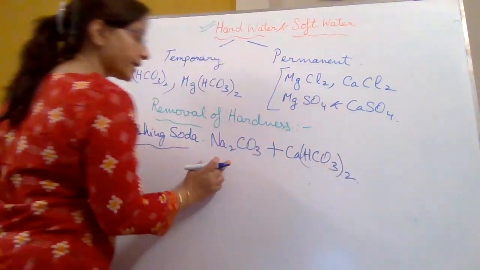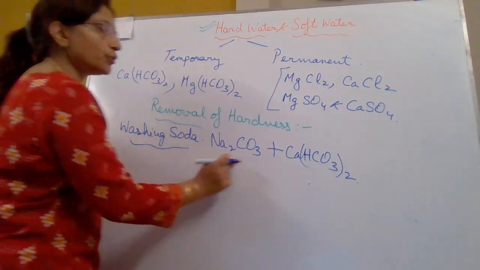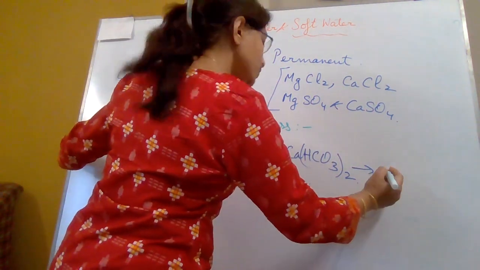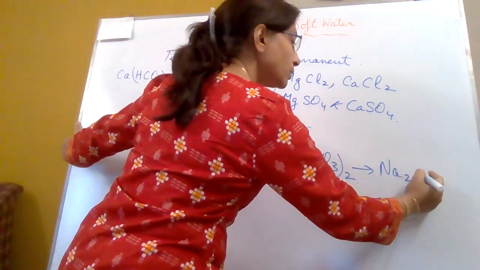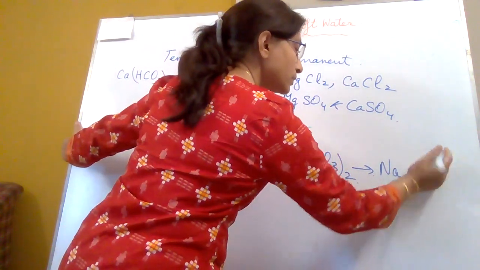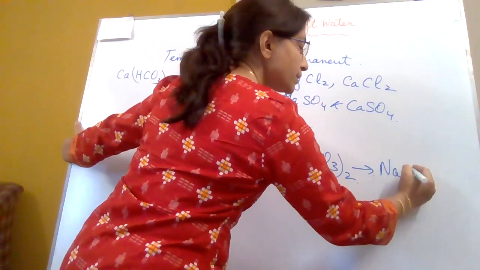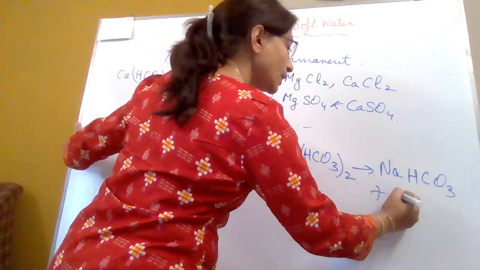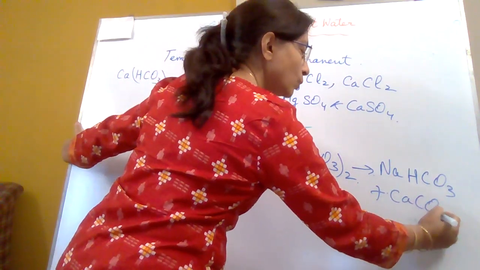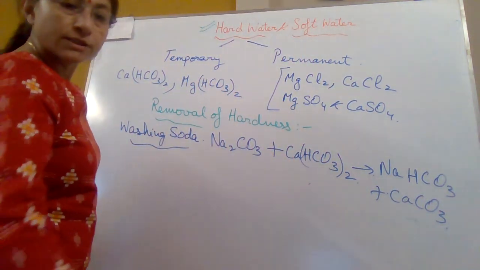Ca(HCO3)2, when treated with Na2CO3, will produce 2NaHCO3 plus CaCO3, right?